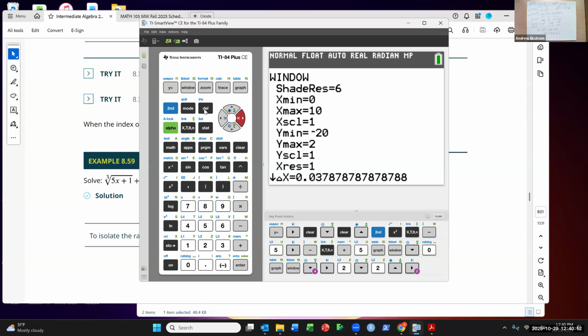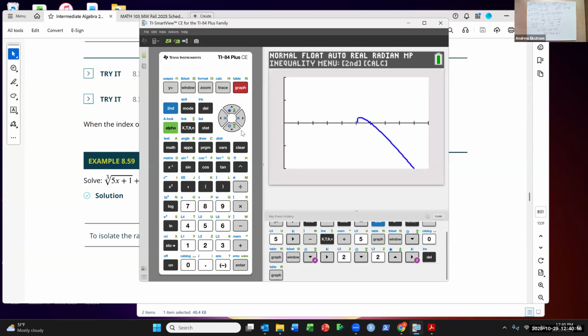Let's try that one more time. -2 to 2. So what's it look like we've got here? 0, 1, 2, 3, 4. Something's happening weird at 5, and then something's happening at 6. Isn't that kind of what we just found?